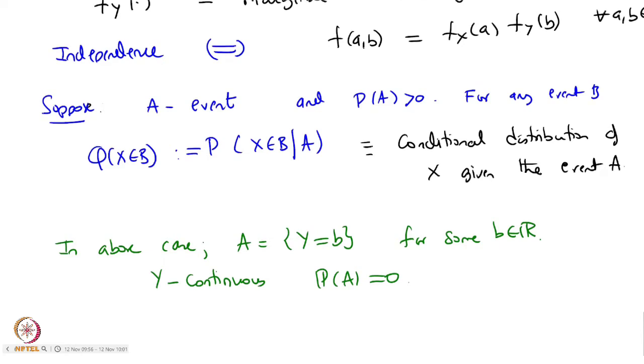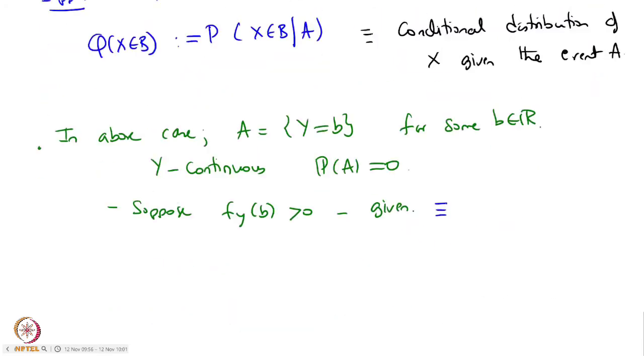But suppose I tell you a priori that F sub Y at the point B is positive. That means the density function is positive. What is the implication of this?